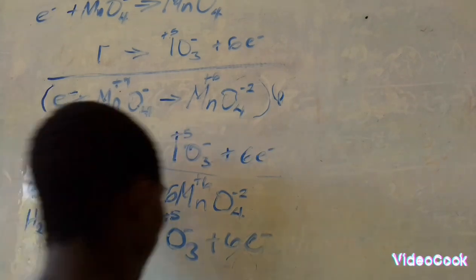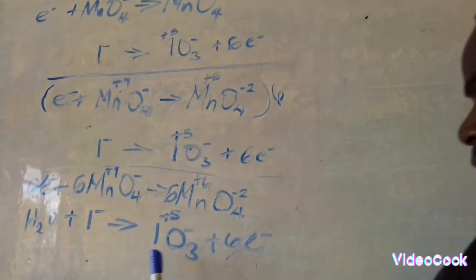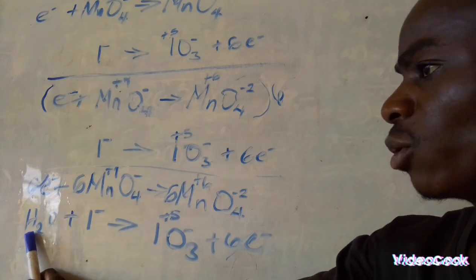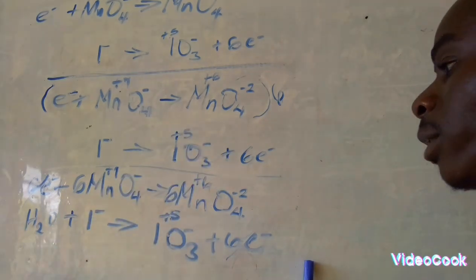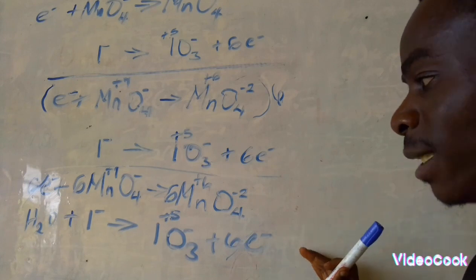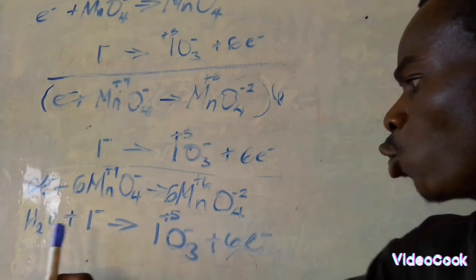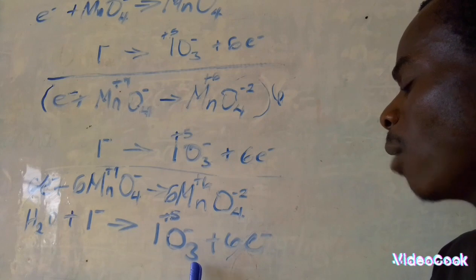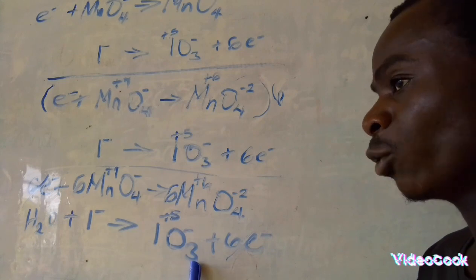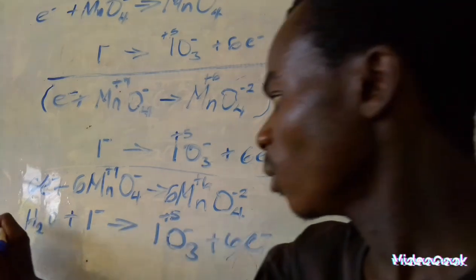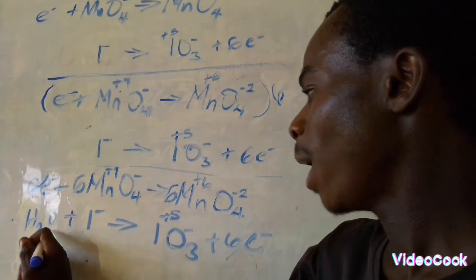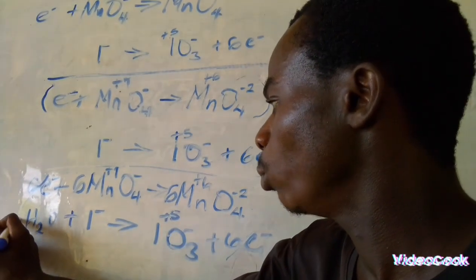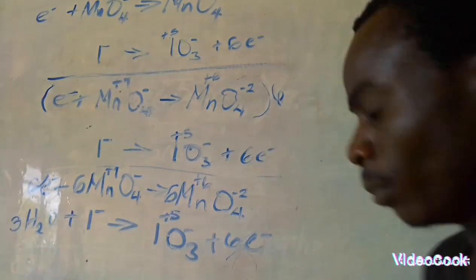Now here we have a water molecule, H2. We have 2 hydrogen ions here, but no hydrogen ions here. Let's hold on to that and balance the oxygen. We have one oxygen here, while we have 3 oxygen atoms here. So we need to put 3 here as the coefficient.